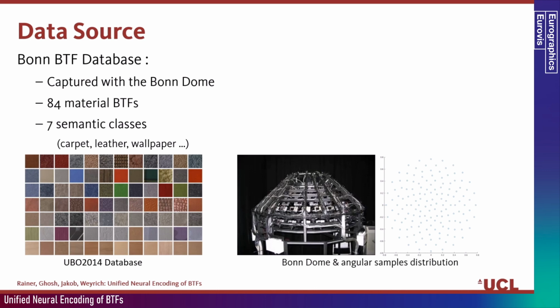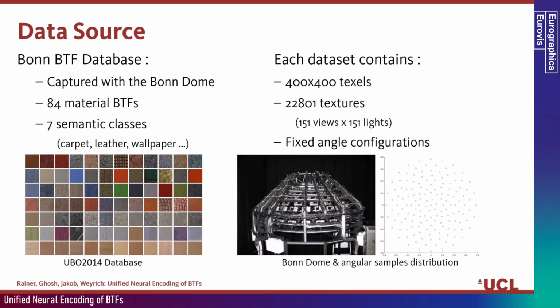Each dataset contains textures of 400 by 400 pixels, viewed and lit from 151 directions, which amounts to over 22,000 textures in total. We train on 11 out of 12 materials of each semantic class, keeping a total of 7 materials unseen during training. For more details on architecture and training, we refer to the paper.